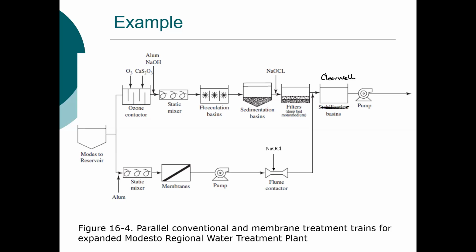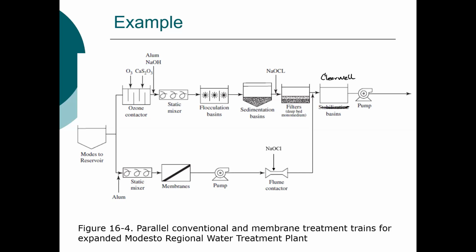Now they have a secondary process. They expanded the plant, but rather than expanding the plant with the exact same process, they expand the plant with membranes. So they add alum as a coagulant.